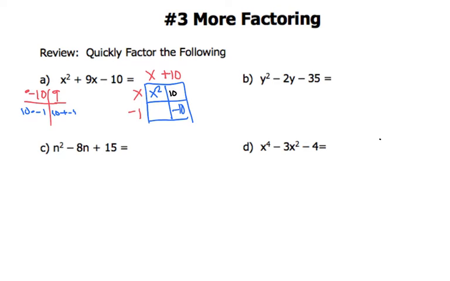So this would be 10x, this would be -1x. You always want to make sure that these middle terms add up to our +9x, which it does. So the answer here is x plus 10 times x minus 1.